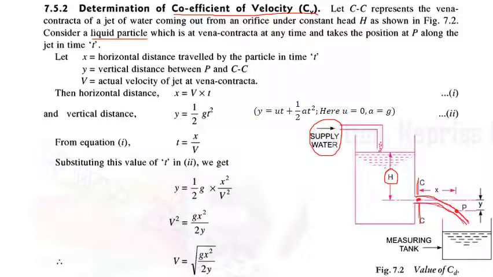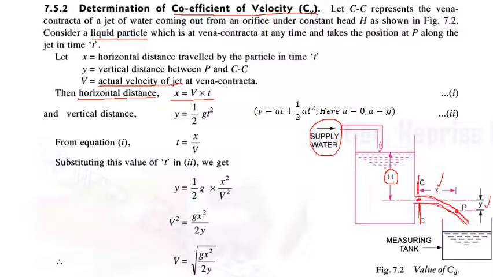Point P is at a horizontal distance x from vena contracta, and at a vertical distance y from vena contracta. So vena contracta is here, CC. Point P is here. The vertical distance between these 2 points is y and the horizontal distance is x. The horizontal distance traveled by the particle is x, which is the actual velocity of the jet v into time t. So x is equal to v into t.